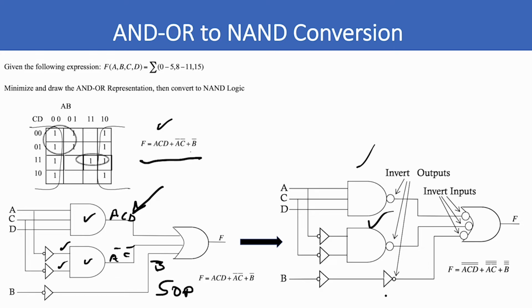And this inverter creates a bubble on the first layer, which is then connected to the third input of this NAND gate. So again, now you have to invert the outputs on the first layer, and in this case we have to add another inverter to invert the output. So it's very important. If you forget that, it's not going to work.